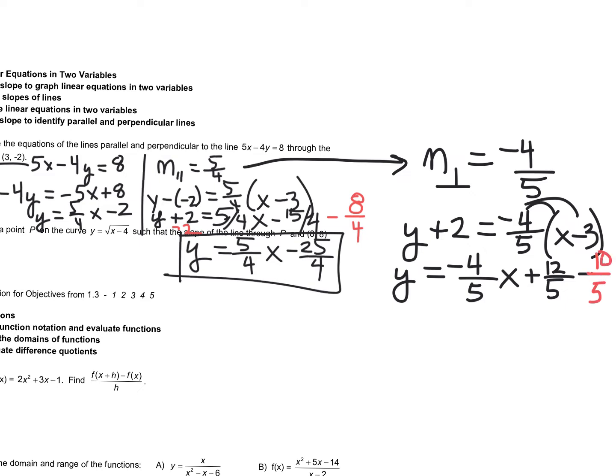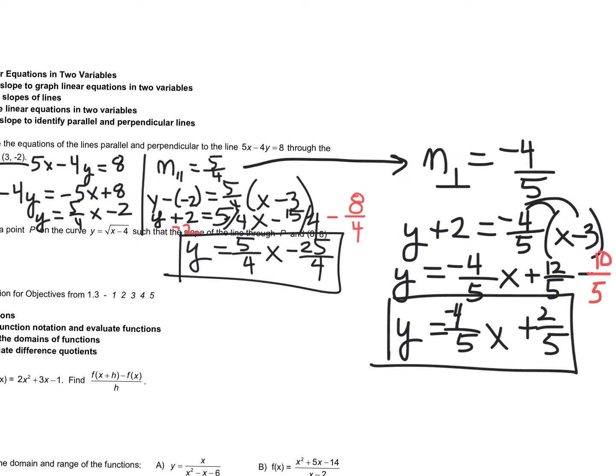Why write the 2? Let's just write the 5 right away. It's a little more efficient in terms of writing it out. And now I have y equals negative 4/5 x, and I have 12 minus 10, which gives us 2/5, and that would be our final answer for the line that is perpendicular to that line and goes through the point (3, -2).